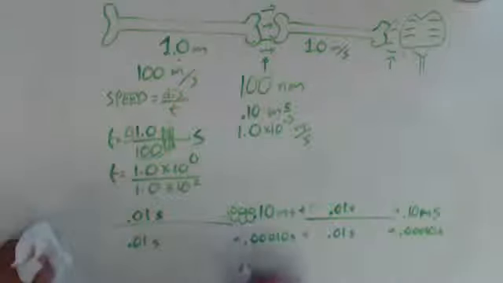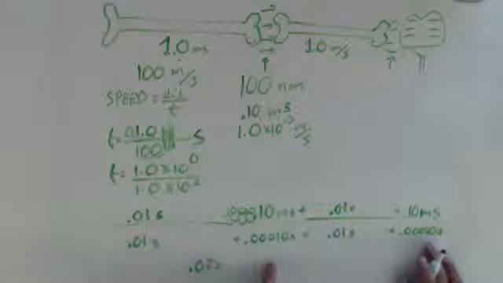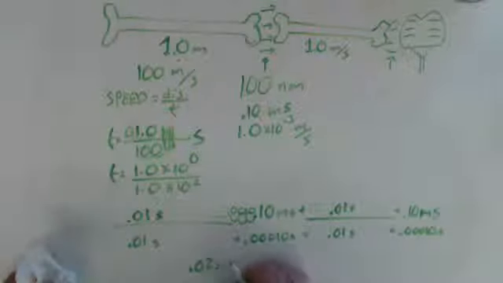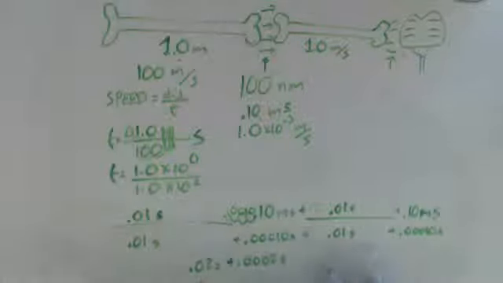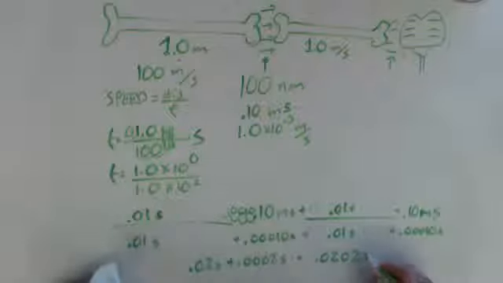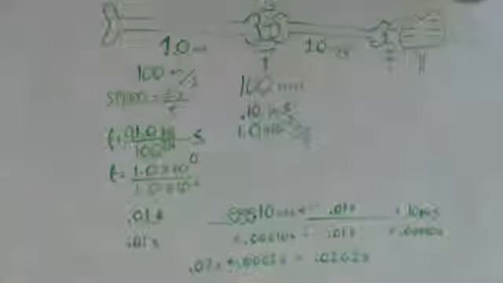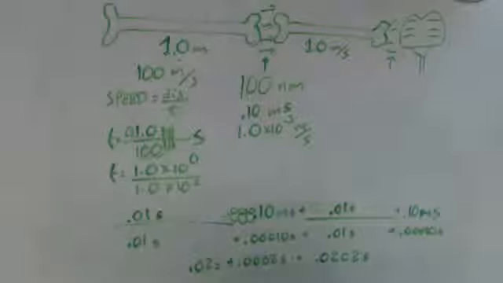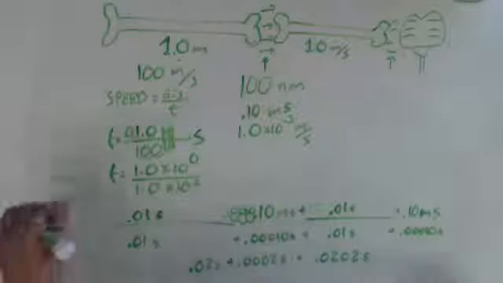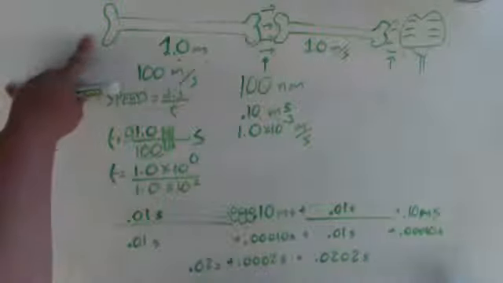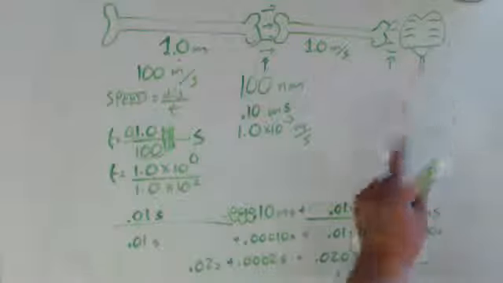Add them together, I get 0.02 seconds for the neurons, and then for the synapses, plus 0.0002 seconds. Add these together, I get 0.0202 seconds. Okay? So that is the amount of time it takes for a signal to start from your toe and reach your brain. Okay?